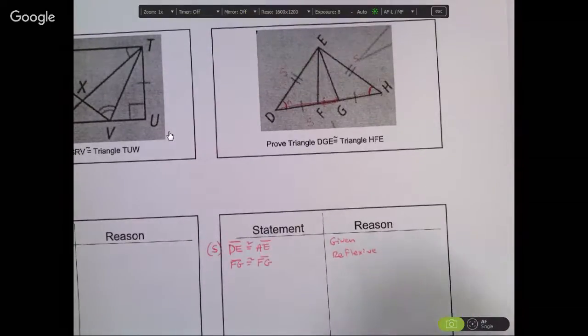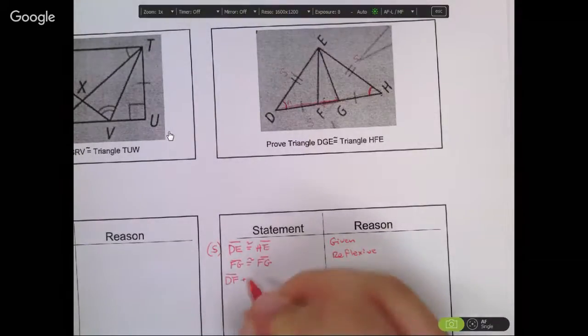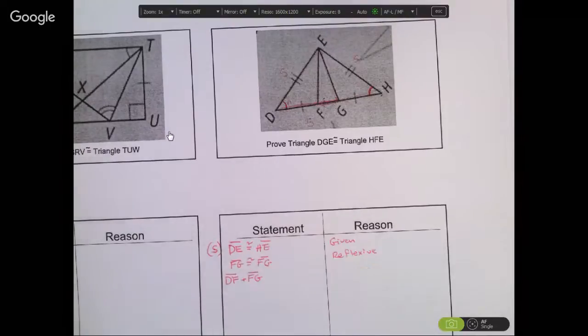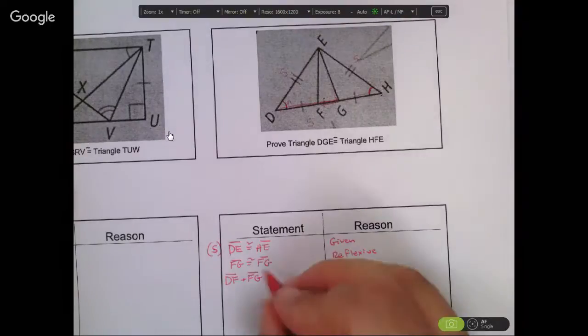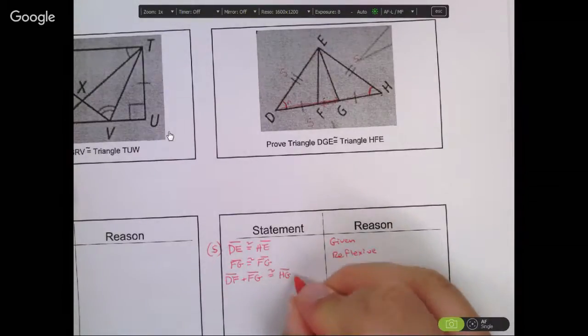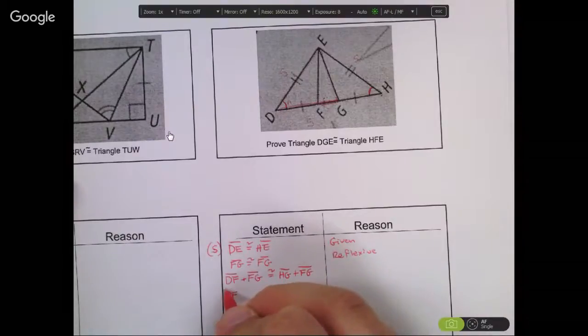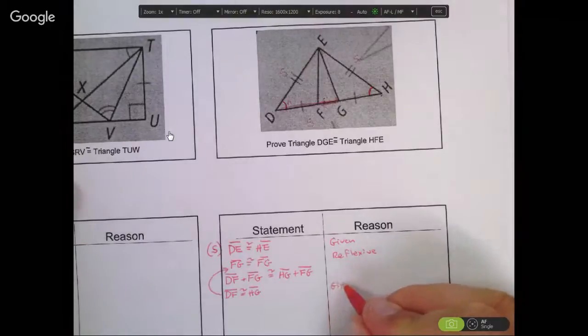And then I would say that DF plus FG is congruent, this is how I want to do it, to HG plus FG. Now I feel like I should have slipped in there that DF was congruent to HG, probably right here, which was a given statement.